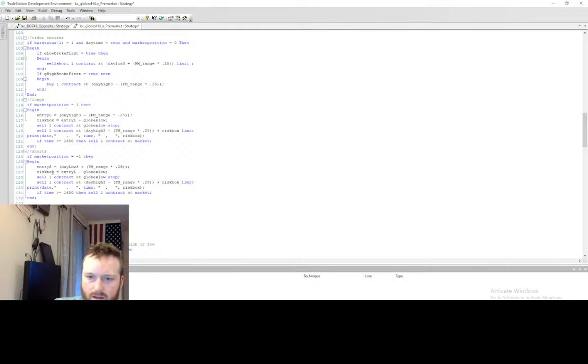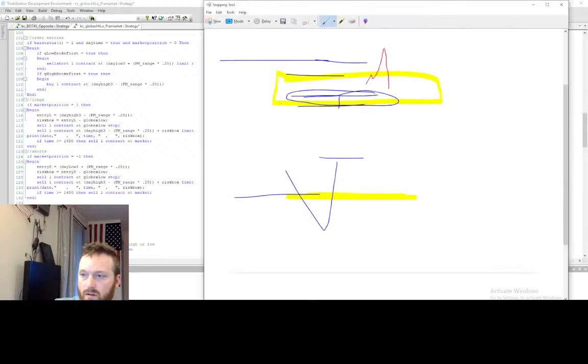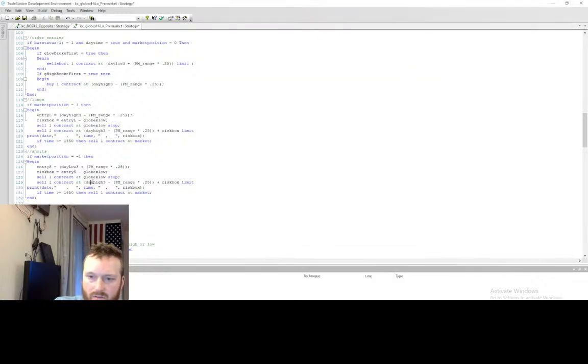That's correct. If I'm short, my risk box is Globex high minus entry price. So Globex high minus entry short. That's my risk box. Now I want to buy to cover.